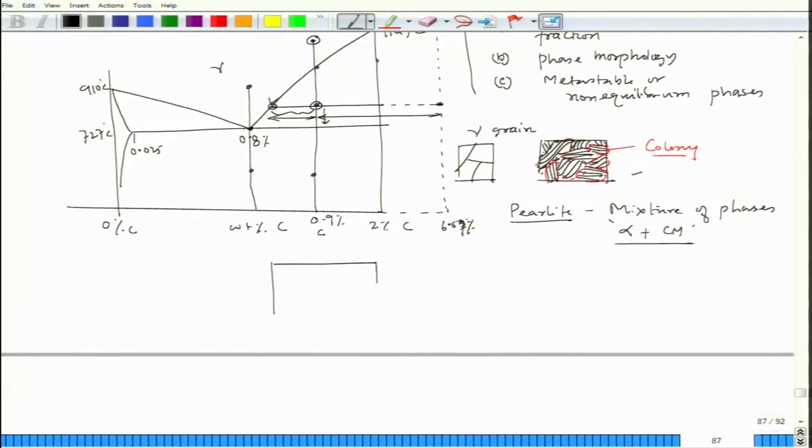So, we have pearlite plus proeutectoid cementite, and the final microstructure would be, so this region, I just put it as a black field region.